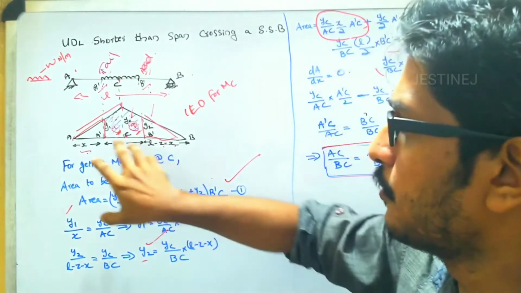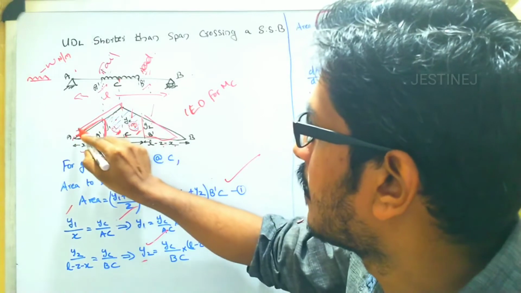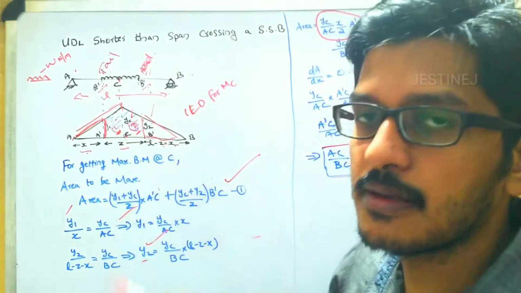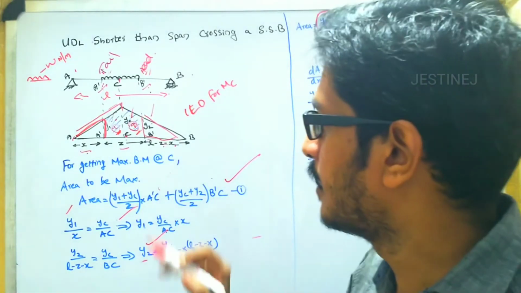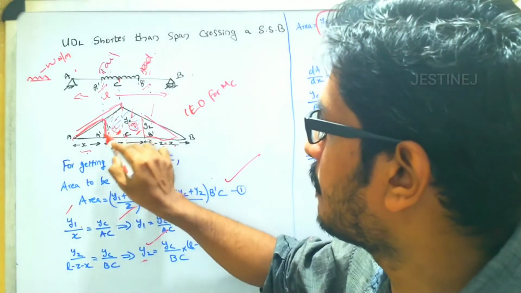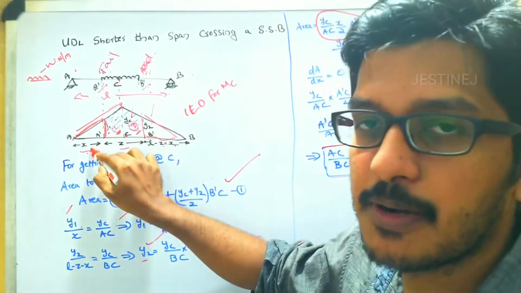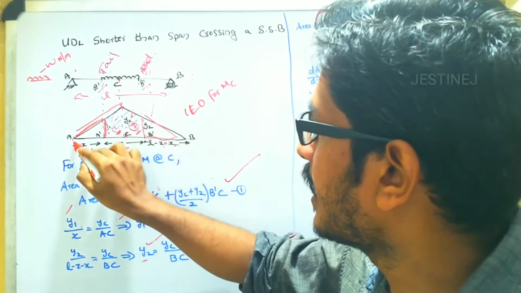Then you have to consider this small triangle and this bigger triangle. You have to formulate the similar triangle law. So you will get Y1 by X equal to YC by AC.